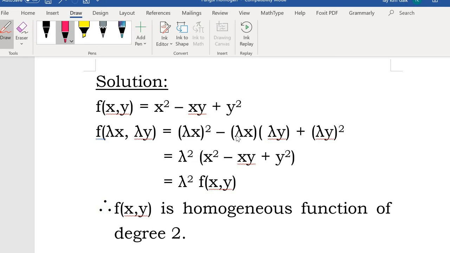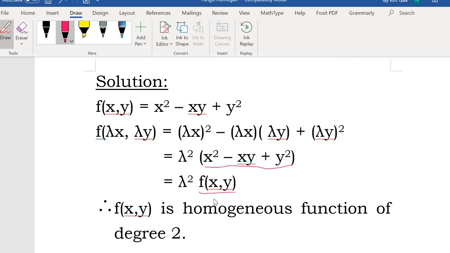So you notice each term has a lambda squared, we factor out, so you have x squared minus xy plus y squared, and this one is actually the original function f(x,y). So this is what we have proved: from the function f(x,y), if we replace x by lambda x, y by lambda y, we get lambda squared f(x,y).